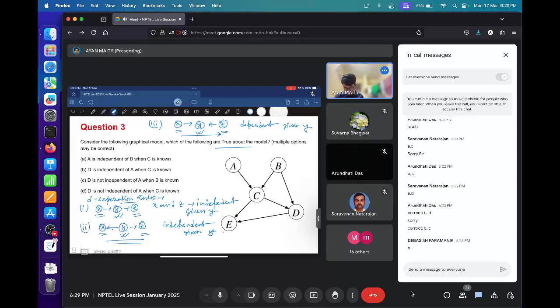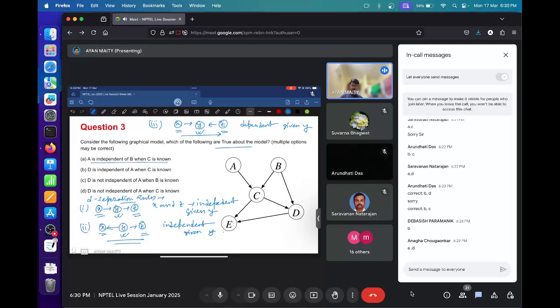So the first option is that A is independent of B when C is known. So here is A and here is B. We have to find out the dependency between A and B given C. So if C is known, this path A to C and B to C looks like this third example, isn't it?